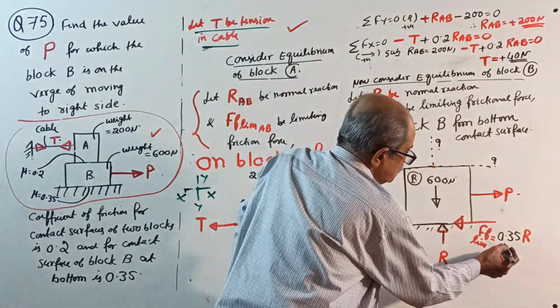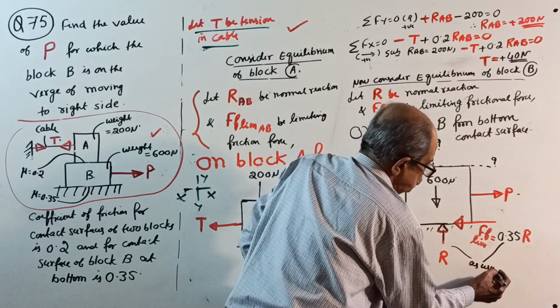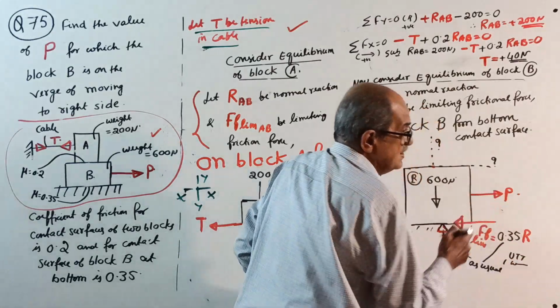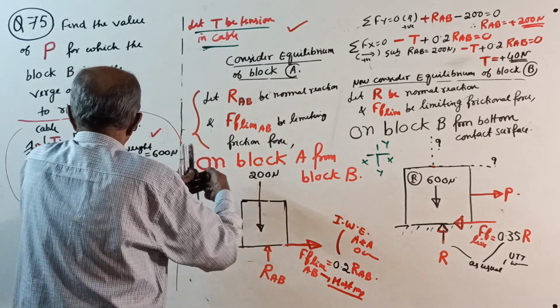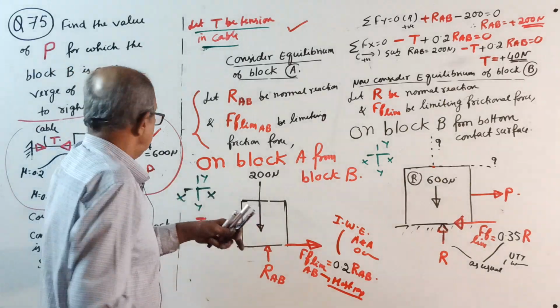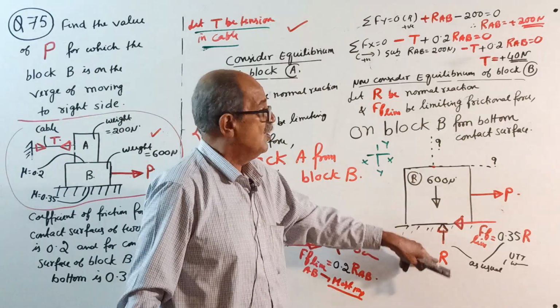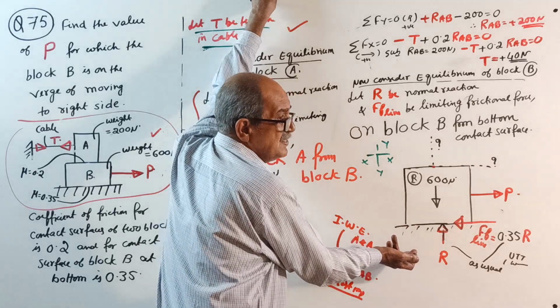This is as usual, as what we have done so far in every class: this is moving right side, friction is left side here, and this will press down, reaction is up. Suffix is not there because this is R for B, there is no other block here.